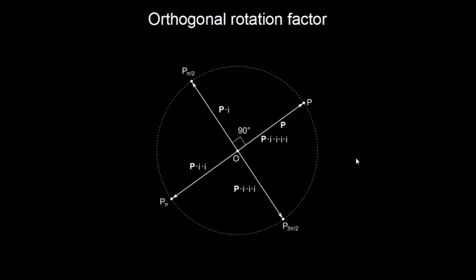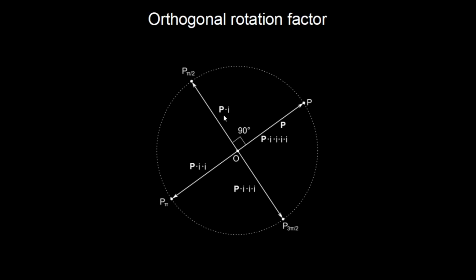Next, let's check some rotations caused by the orthogonal rotation factor. In this figure, O is the origin. Point P is represented by vector bold P. Multiplying orthogonal rotation factor I to vector bold P makes it rotate to this position, represented by vector bold Pi.